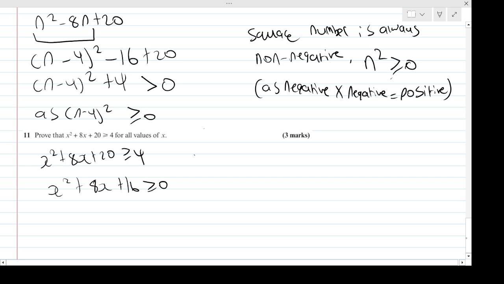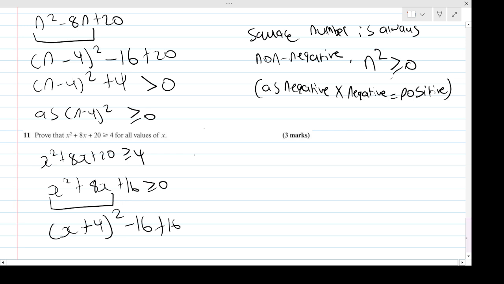Well, how am I going to complete the square? That's really the only thing I can do if I'm not solving anything. To complete the square, it's just completing the square on the x part, so it's going to be x plus 4, all squared, since half of 8 is 4. Then I take away 4 squared, which is minus 16, and then I have the plus 16 at the end.